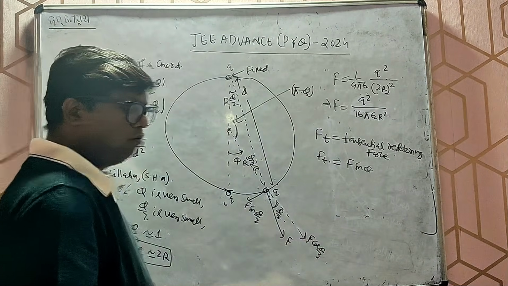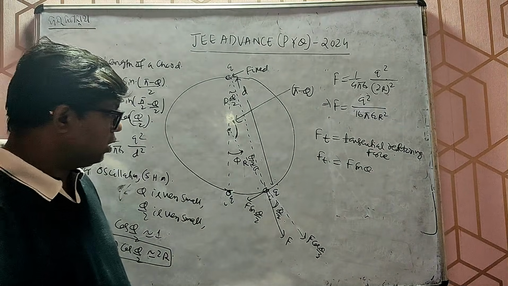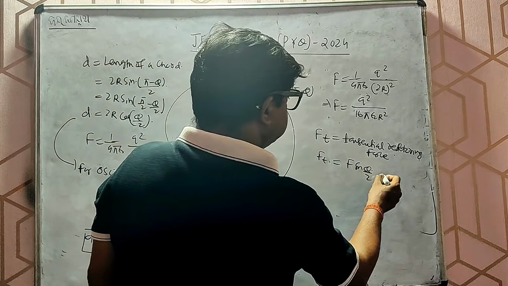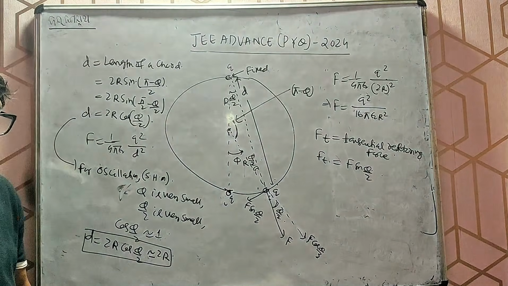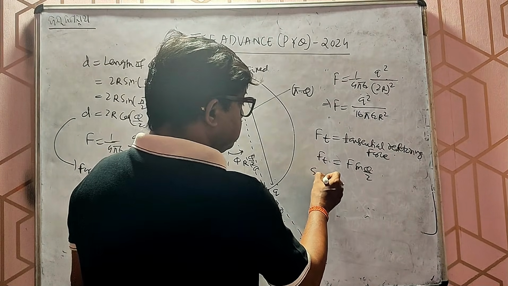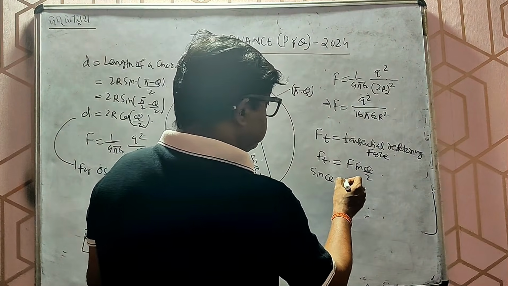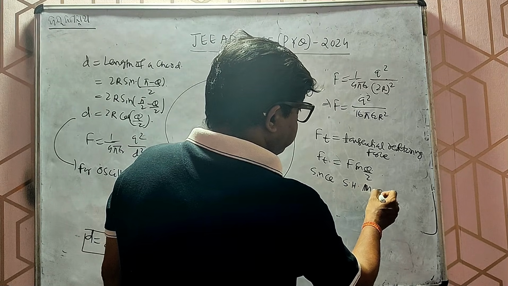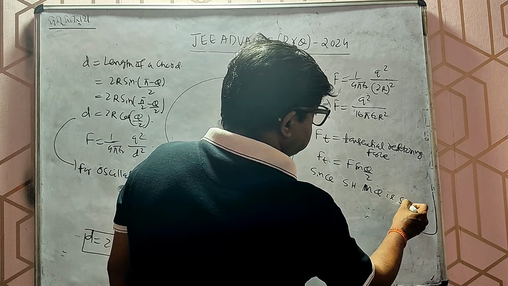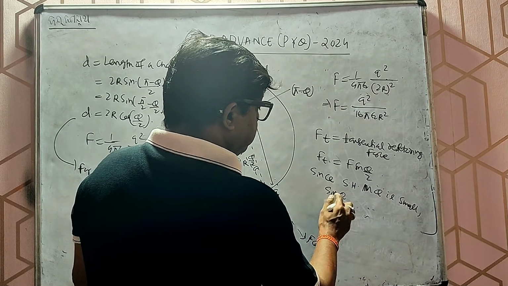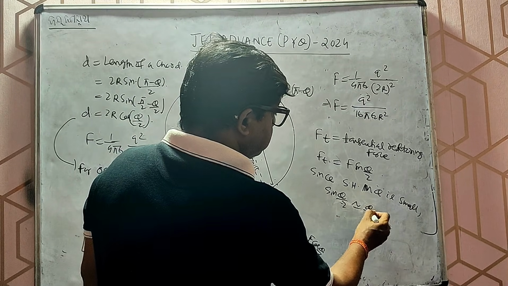And you know that since phi is small, for small oscillation, for SHM, sin phi by 2 is nearly equal to phi by 2.